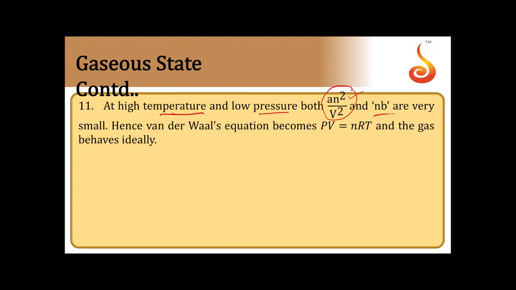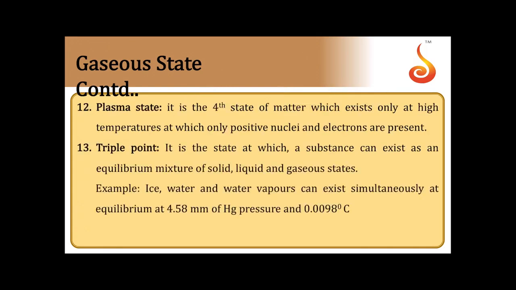So finally, the volume of the molecules is negligible and they don't have force of attractions at high temperature and low pressure. Therefore, the gases behave ideally. Hence, the van der Waals equation under these two conditions becomes PV = nRT. At high temperature, we can ignore an²/V². At very low pressure, we can ignore the value of nb. Finally, it comes out to be PV = nRT.